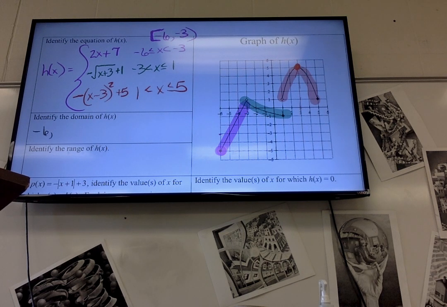And bracket, very good. Why is it a bracket, Cameron? Because it does include it. Yeah, it's a filled-in circle. It does include it. Okay, then where do we have a problem? Our first problem. At -3. At -3, it's an open circle. So I have to put parentheses there.